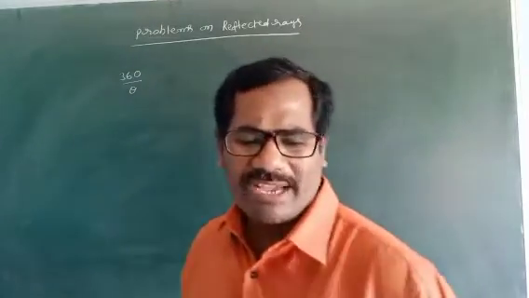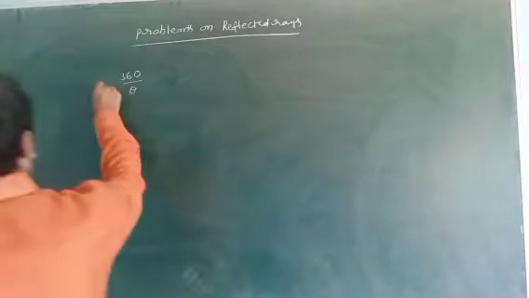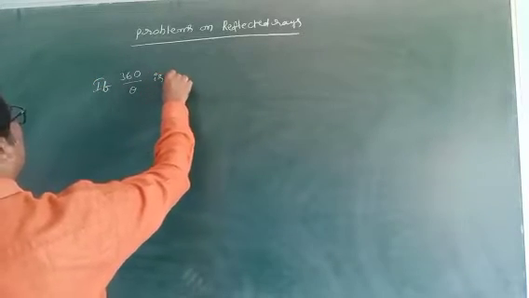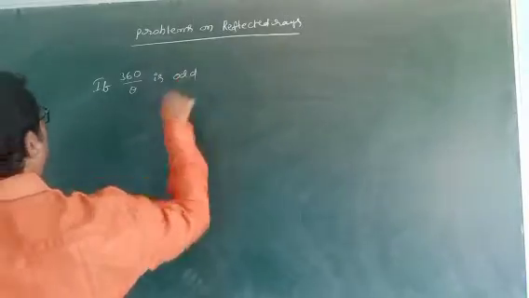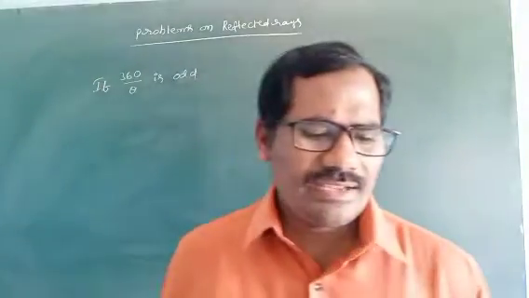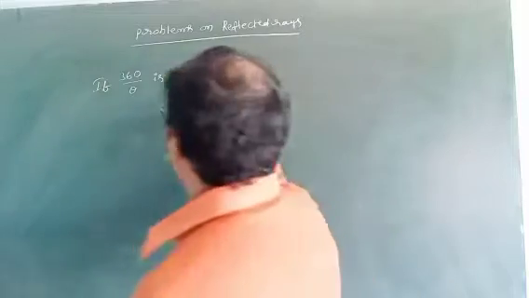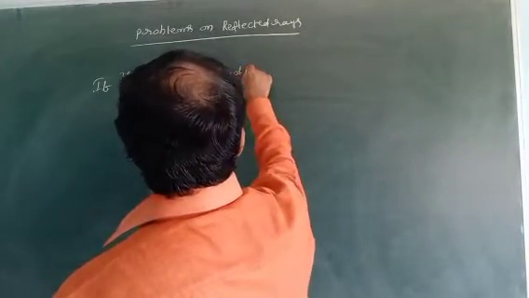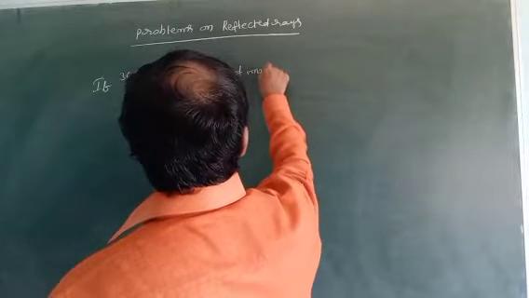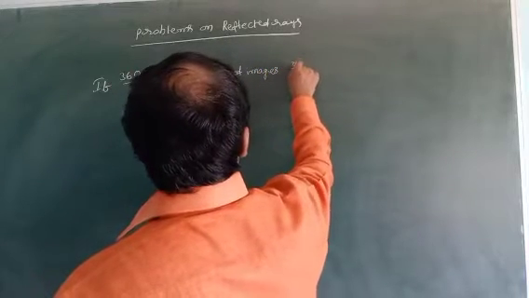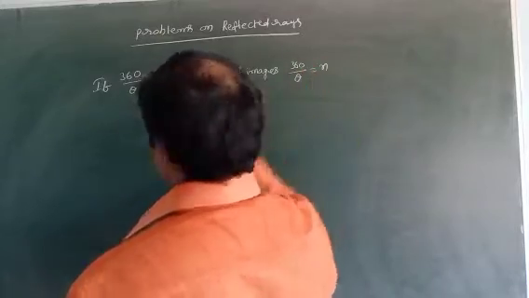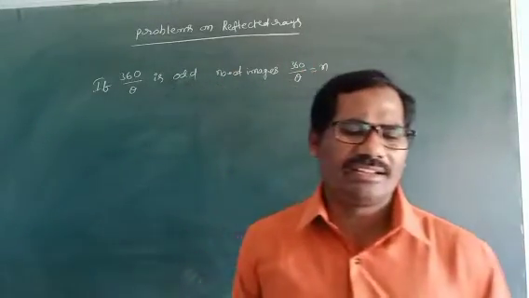If 360 by theta is odd, then n, the number of images, is equal to 360 by theta.